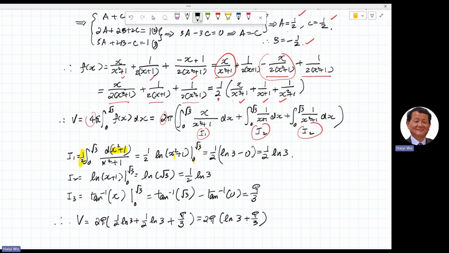The second one, we do the same thing. The second fraction is pretty simple, which is log of x plus 1. Plugging in square root 3... oh, my apology, I made a little mistake there. Plugging in, plus 1.